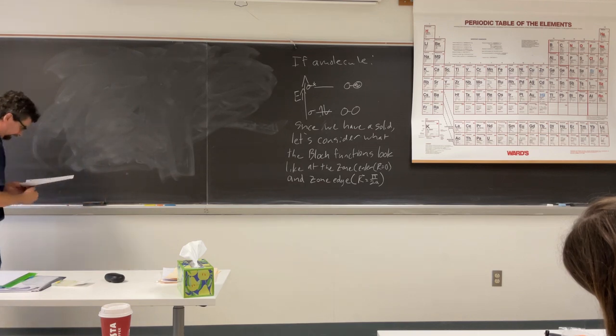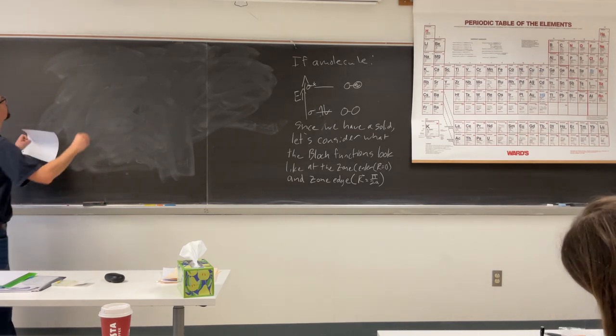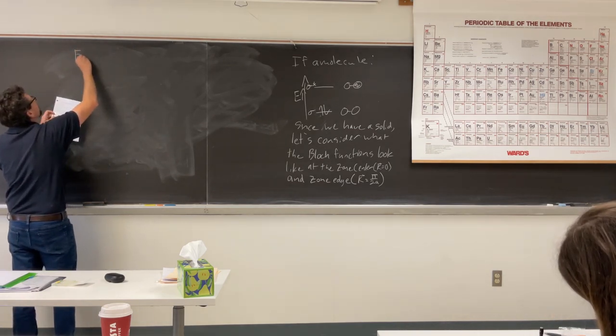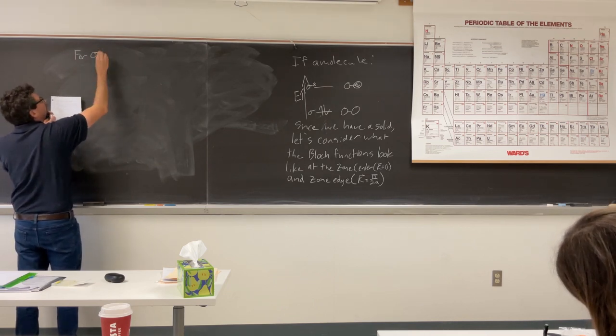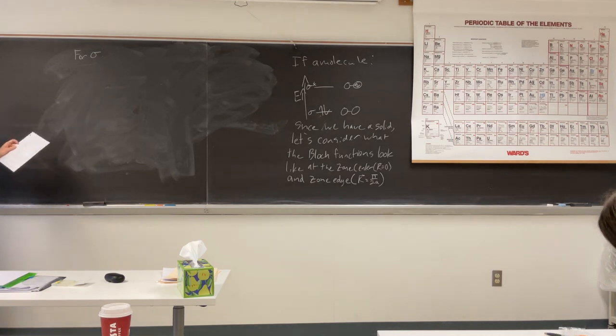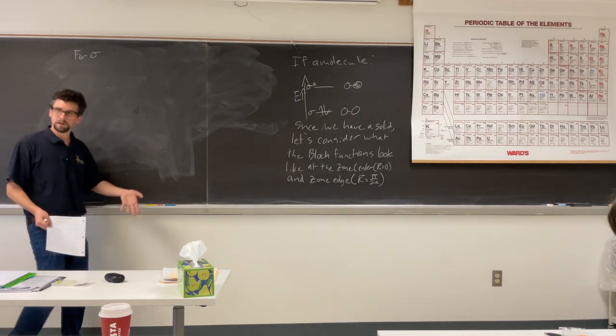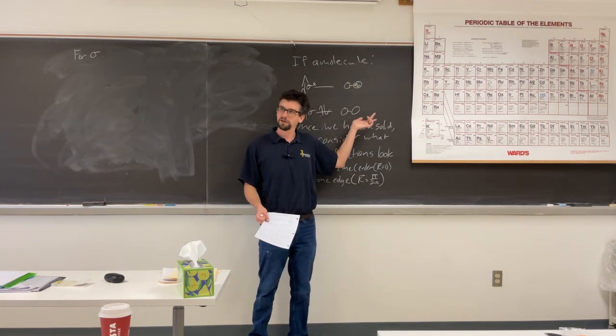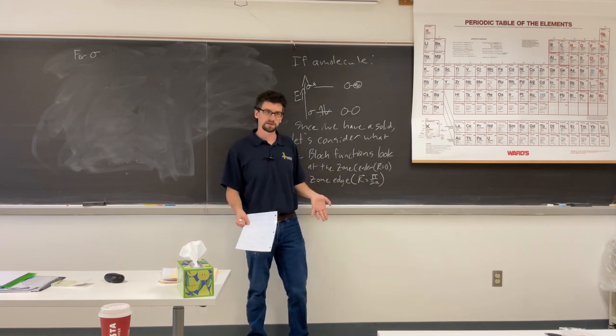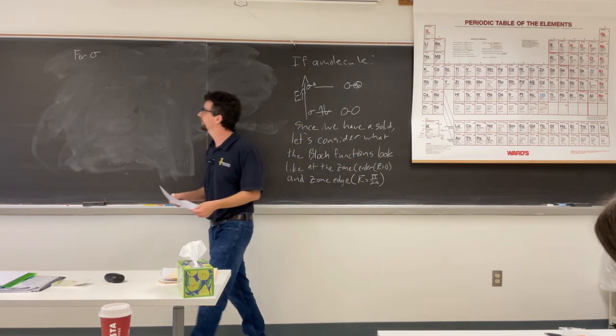Okay. For the sigma bond, because now we have two sets of orbitals we have to consider here, right? Two sets of MOs that we have to consider, because now we have two atoms in there.